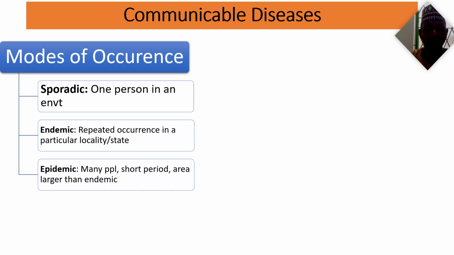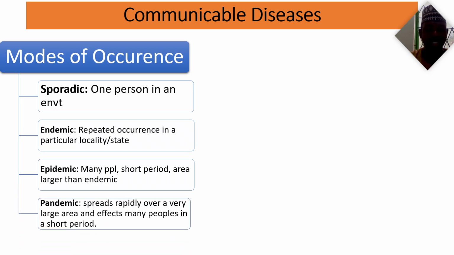Now, another form of occurrence of communicable diseases is pandemic. Pandemic occurrence is much larger than the epidemic occurrence. Pandemic communicable diseases are diseases that spread rapidly over a very large area and affect many people within a short period of time, maybe affecting several states and countries.